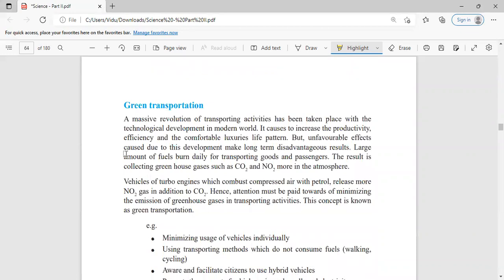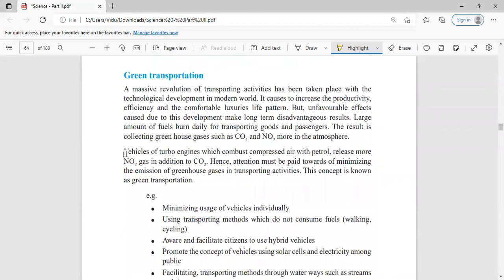Our next subtopic, green transportation. A massive revolution of transporting activities has taken place with the technological development in the modern world. This causes an increase in productivity, efficiency, and a comfortable luxurious life pattern.